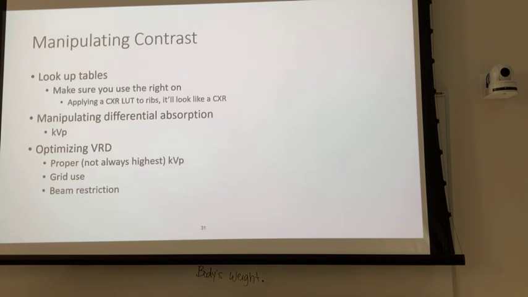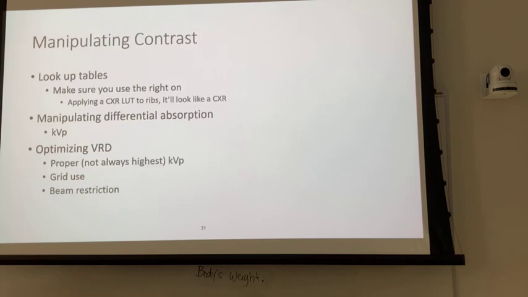So the only way that we truly manipulate contrast in a clinical setting is by selecting the exam type. You select an exam type for extremity work, you're going to get a high contrast image. If you select one for chest X-ray, you're going to get a much lower contrast image.